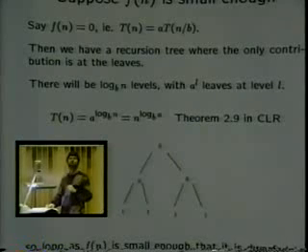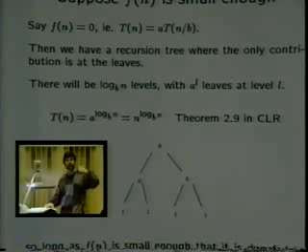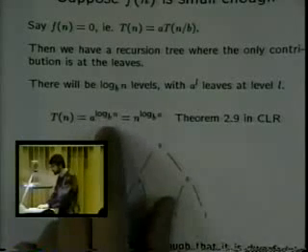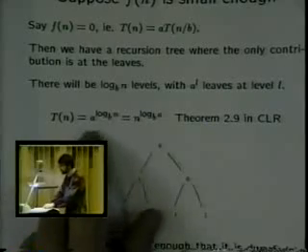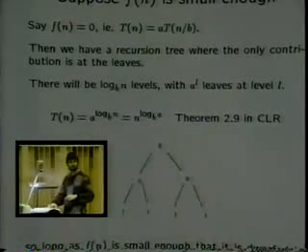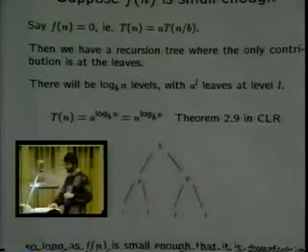So the number of levels in this tree is: we start out with n things, how many times do we divide it by b before it gets down to being 1? That's the equivalent of the log base b of n. So we've got a splitter of a, that's the degree, raised to the height, which is how many leaves there are. There's this many leaves.